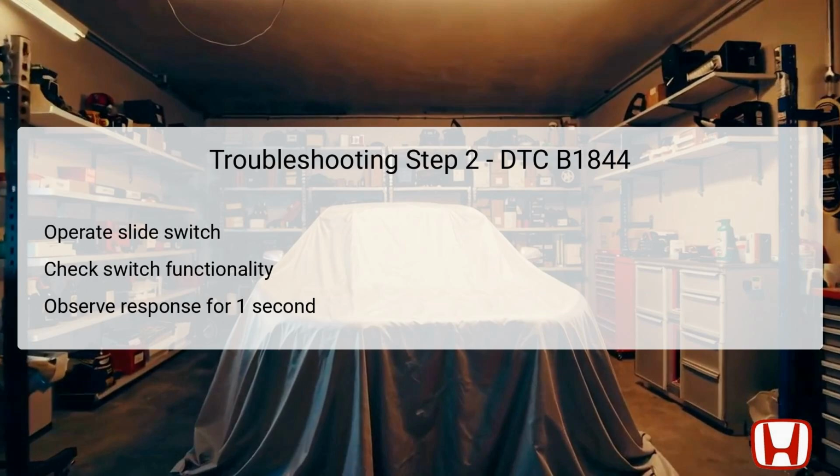In the second troubleshooting step, you must operate the power seat slide switch in each direction for more than 1 second. This action allows you to assess whether the switch is responsive and functional. It is important because the operation indicates whether the switch is correctly interfacing with the control unit.